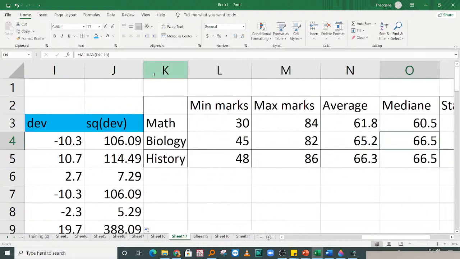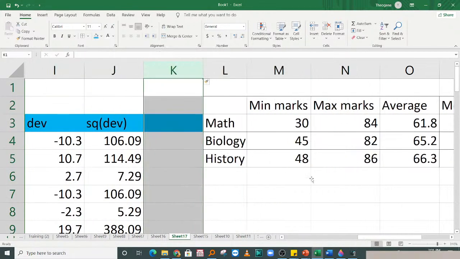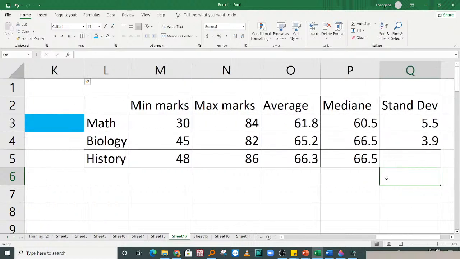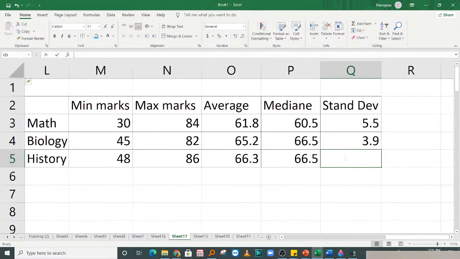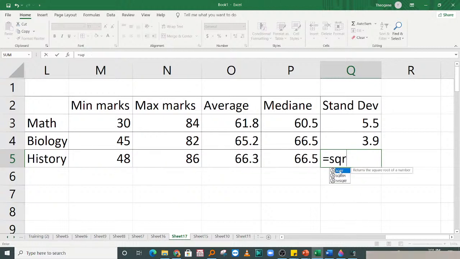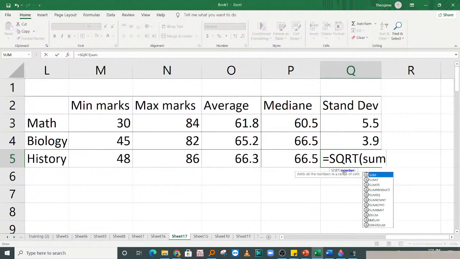So the standard deviation, let me differentiate the tables here. The standard deviation here of history is equal to the square root of the sum of squared deviations.